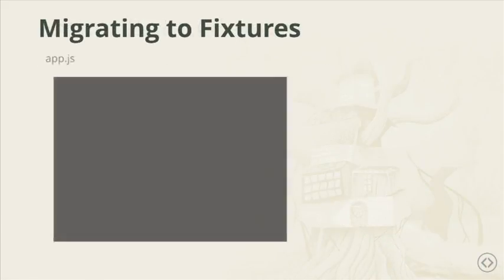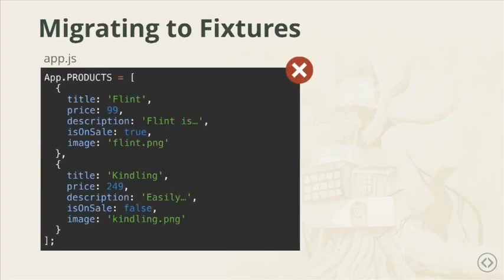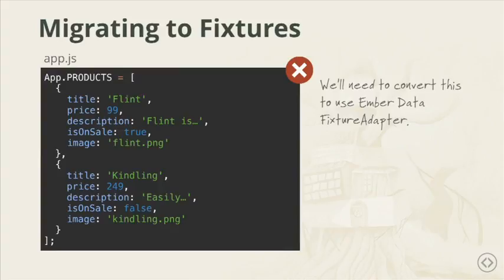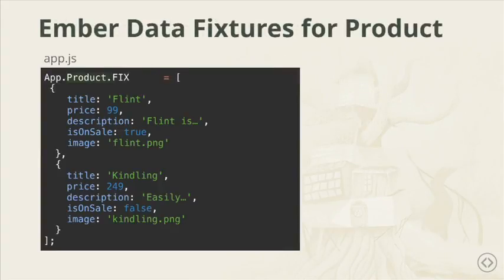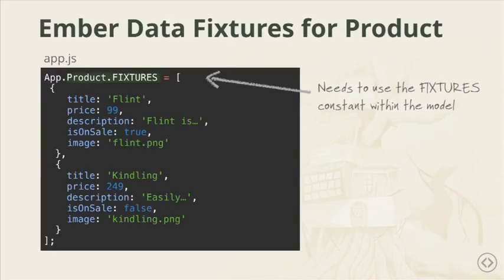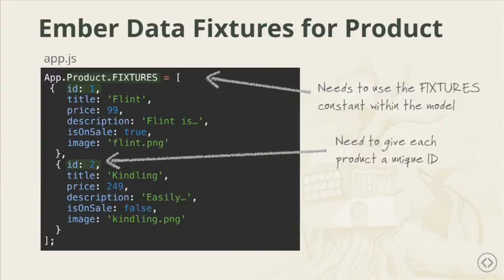We need to slightly modify our JavaScript array with our data in it so it can become a fixture. To do this, it needs to use the fixtures constant within the model, so we call app.product.fixtures. We also need to give each product a unique ID. All models in Ember need to have a unique ID.